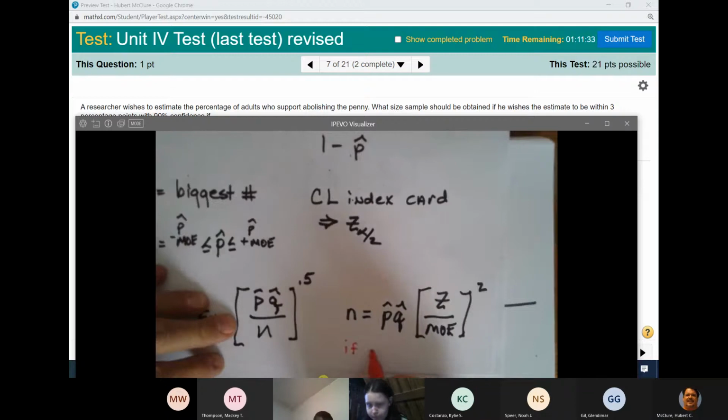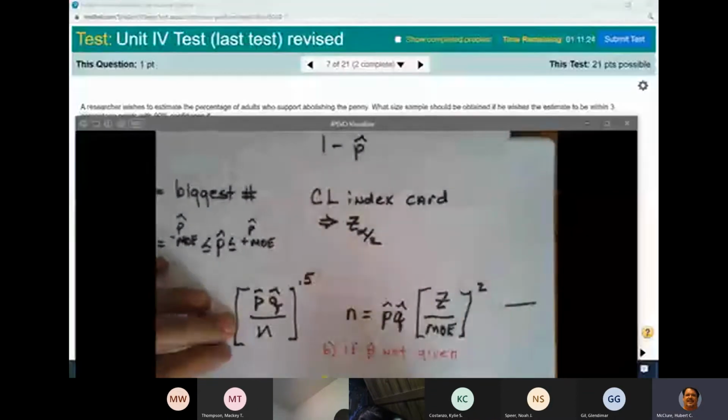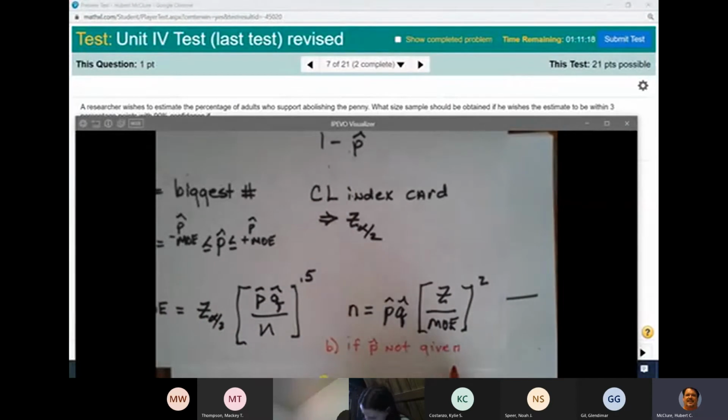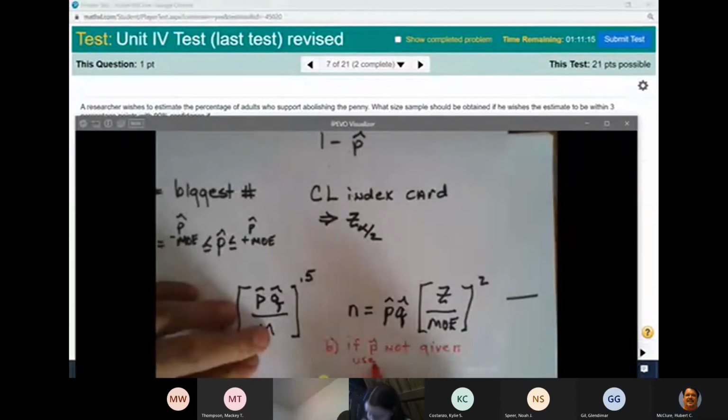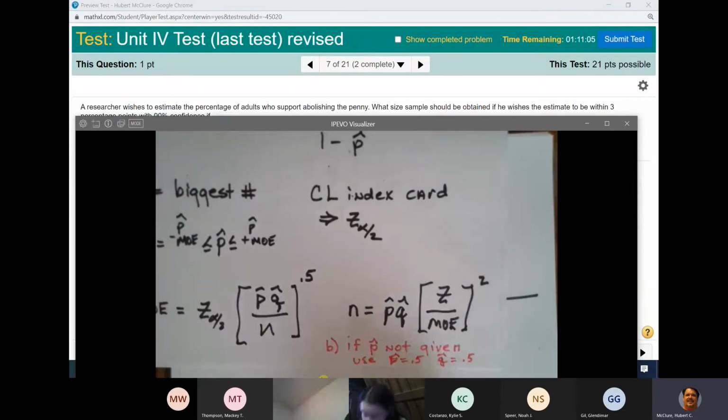If P hat is not given, and this is going to be like B on the test and the homework questions, use P hat equal to 0.5 and Q hat equal to 0.5. If P hat is not given in the question, then use P hat is equal to 0.5 and Q hat is equal to 0.5.